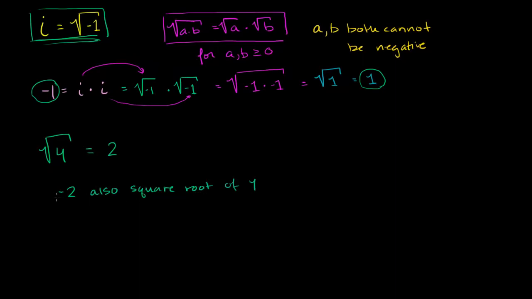If you have -2 times -2, it's also equal to 4. This radical symbol here means principal square root. When we're just dealing with real numbers, non-imaginary, non-complex numbers, you can really view it as the positive square root. This has two square roots, positive and -2. But this radical symbol right here, the principal square root, means the positive square root.